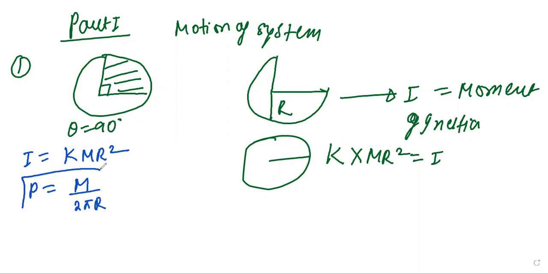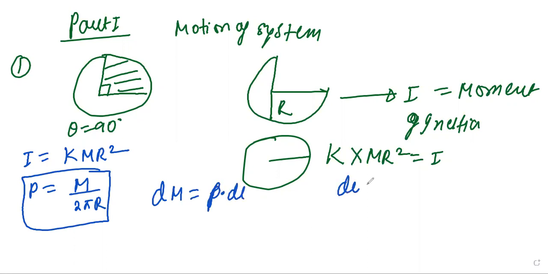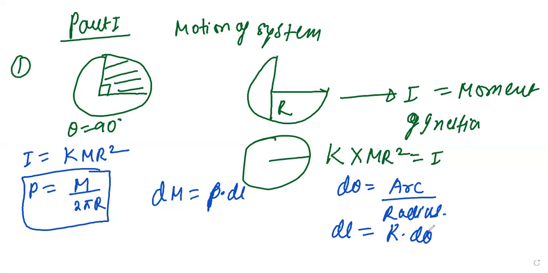The change in mass will be lambda into dl, and theta is given by arc upon radius, so the change in length dl is equal to r into d theta. So put the value here.